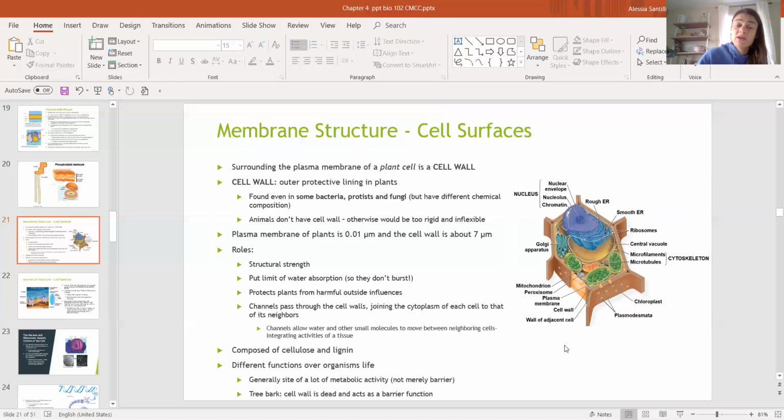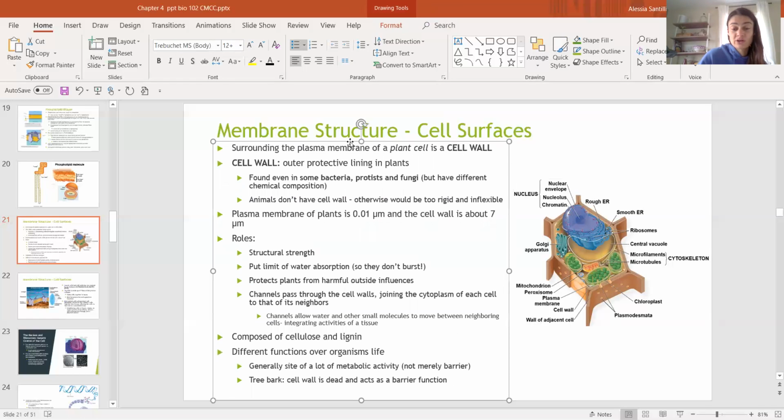The cell wall also has different functions over an organism's life. Generally, it's a site of a lot of metabolic activities, not merely just a barrier. There's a lot of things happening. Remember, we have those channels. As the cell wall dies, because it does have its own lifespan, it basically helps form things like tree bark.